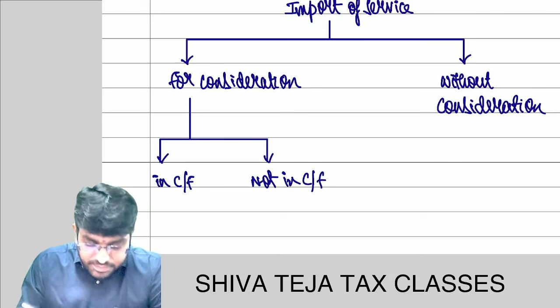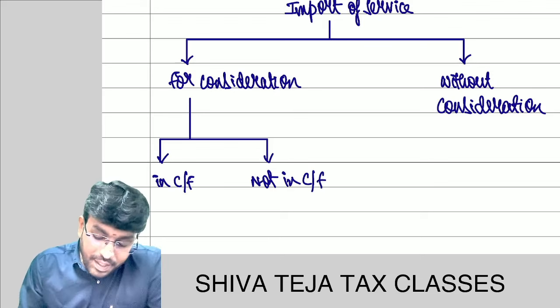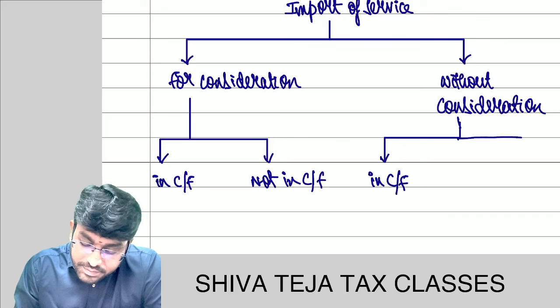Understood? And without consideration, again same story. In CRF, not in CRF. Tell me guys, in both these cases, the answer is supply. Because of 7.1b. So correct or not?